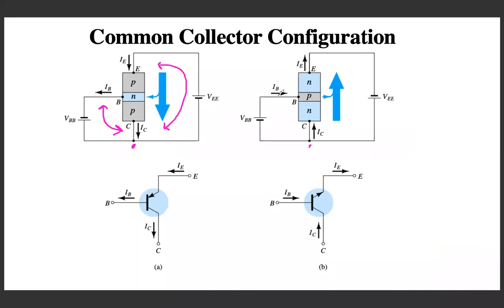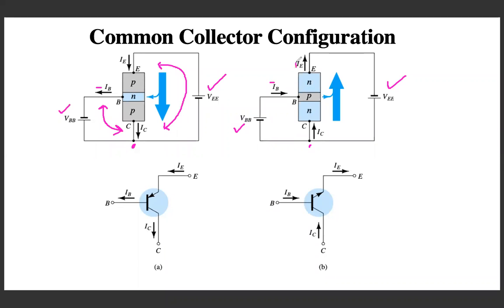The only difference between NPN and PNP will be the polarity of the biasing that we can see right here. It will be reversed, similar for VBB, and the direction of current. You can see in PNP transistor, base current is coming out, and in NPN, base current is going in.